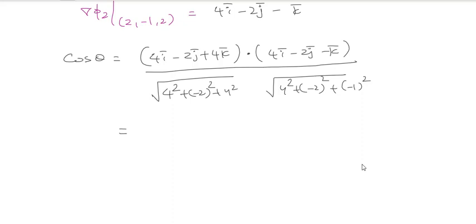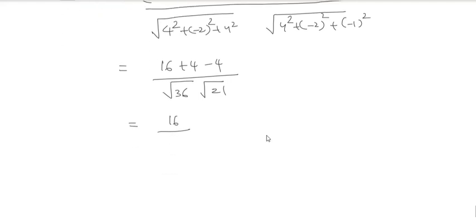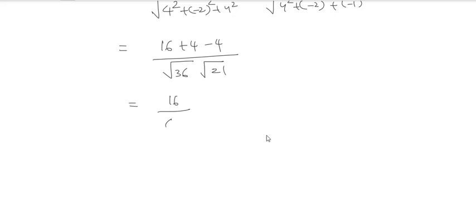If you calculate, 4 into 4 is 16, plus 4, minus 4, divided by root 36, and root 21. Simplify: this 4 will get cancelled. 16 divided by 6 root 21, which if you simplify is 8 by 3 root 21.